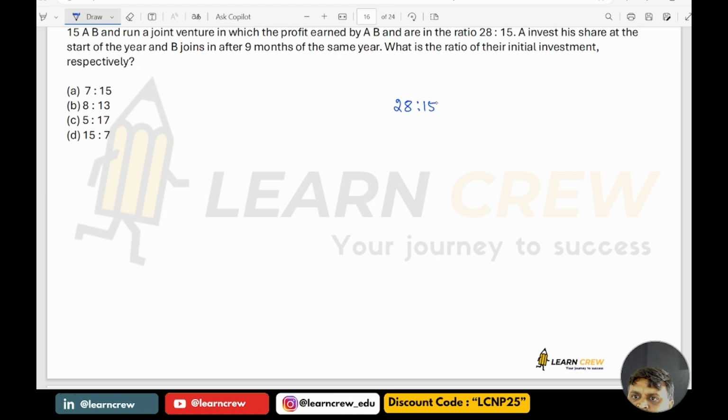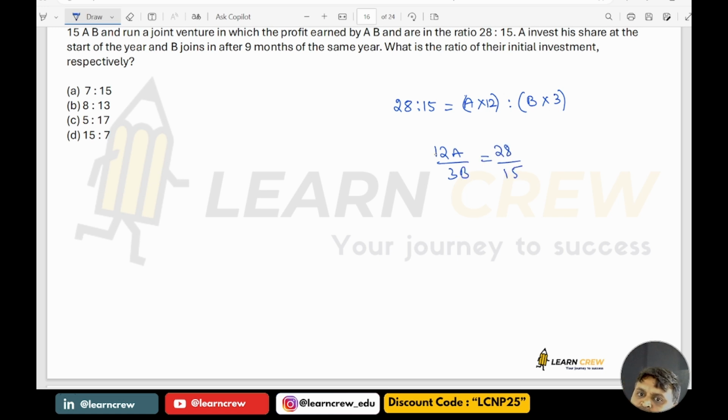Profit ratio is investment into time. So A's investment into time 12 months, and B joins after 9 months. So his capital is used for 3 months. So from this you can say 12A by 3B is equal to 28:15.